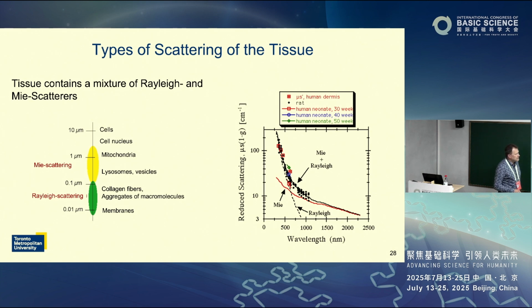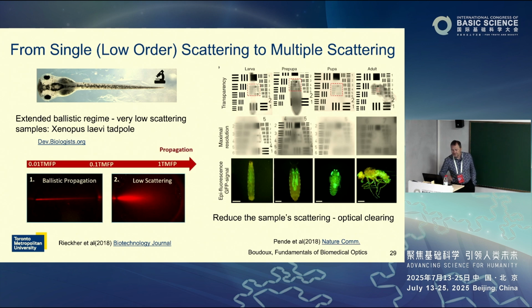And from 500 and longer wavelengths, we deal mostly with Mie scattering, and somewhere between 400 and 500, we have a mixture of both Rayleigh scattering and Mie scattering, and that's again prescribed by the size of the objects. Okay, so this is probably the last from the introduction.